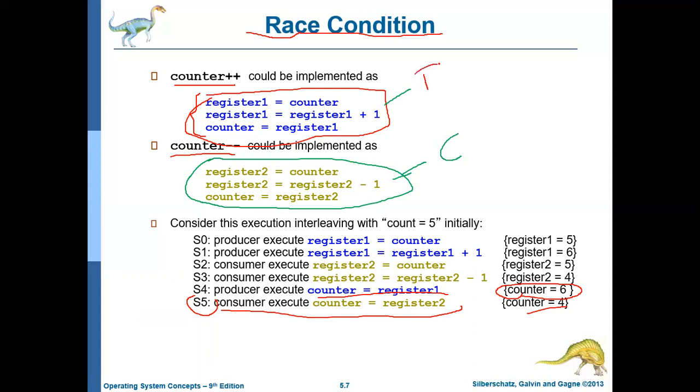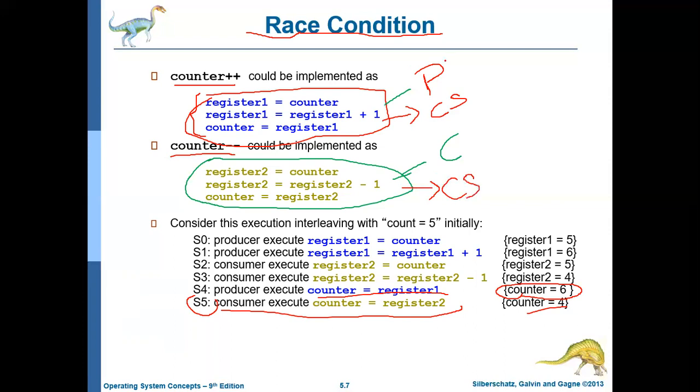The part of the code in a particular process which may create data inconsistency is called the critical section. So this is the critical section for the producer process, and this is the critical section for the consumer process.